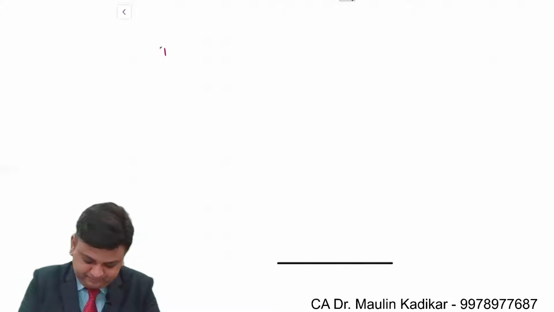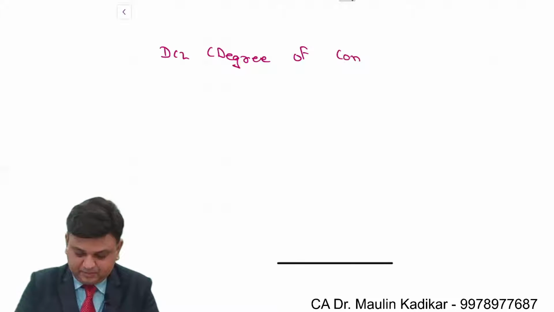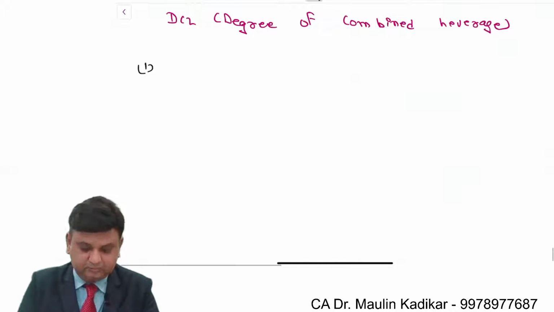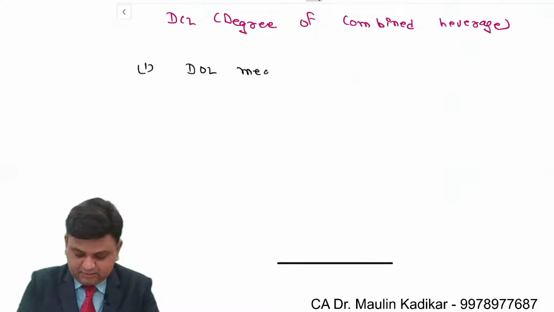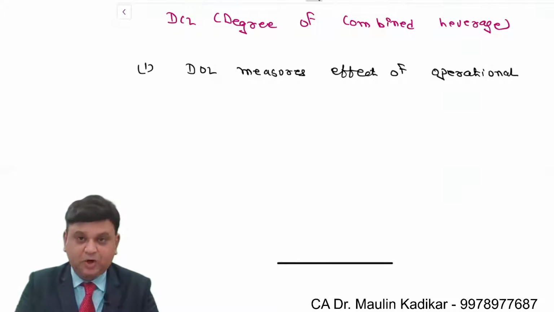Let us write the heading DCL, in bracket write down degree of combined leverage. In that write down first point: DOL measures effect of operational fixed cost.